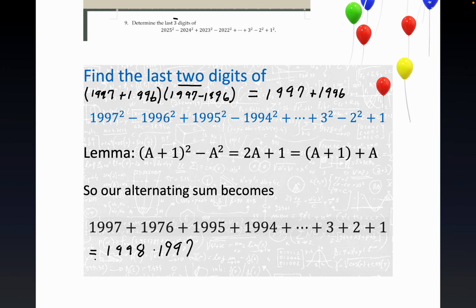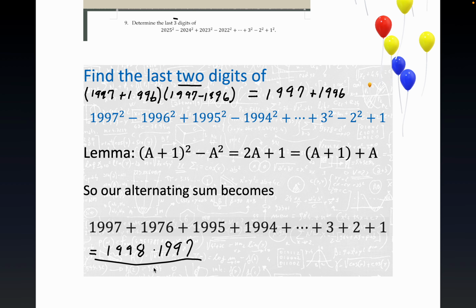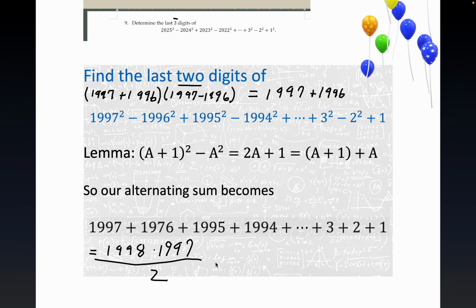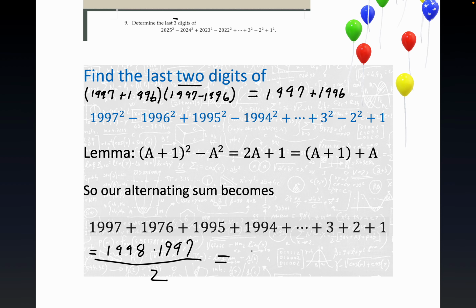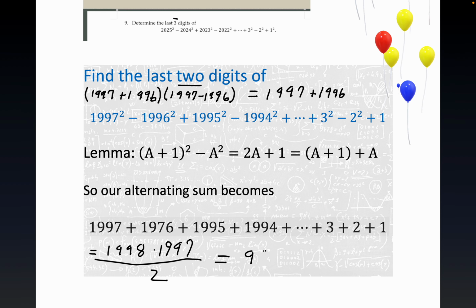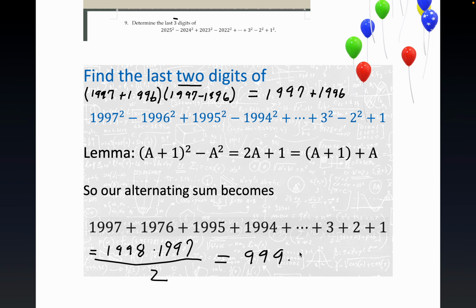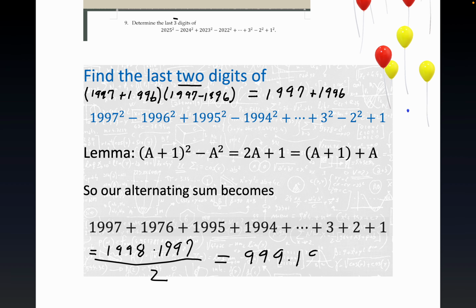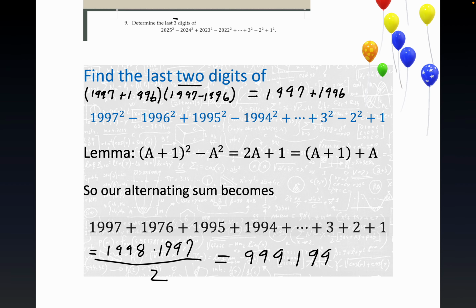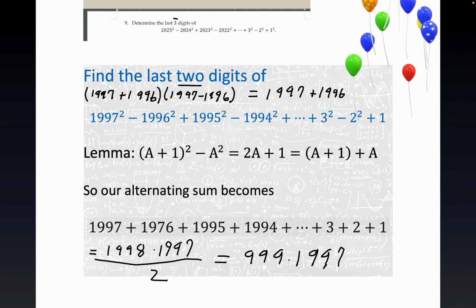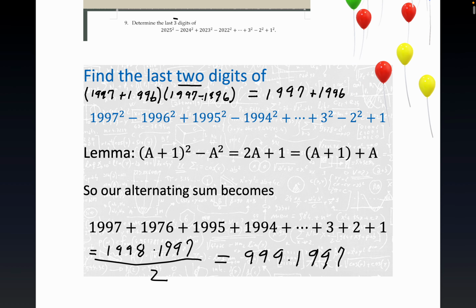But isn't this 999 times 1997? All right, now we're asked to find the last two digits.